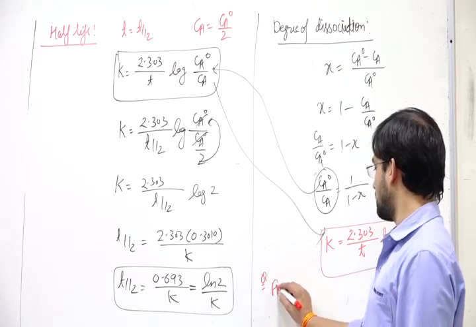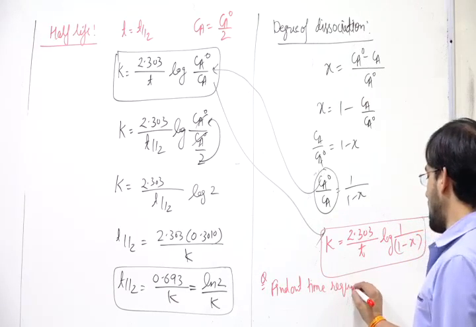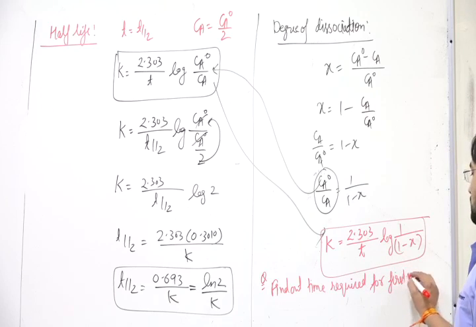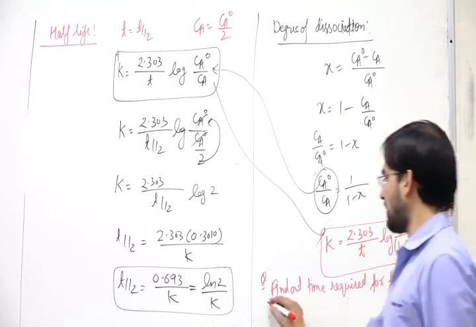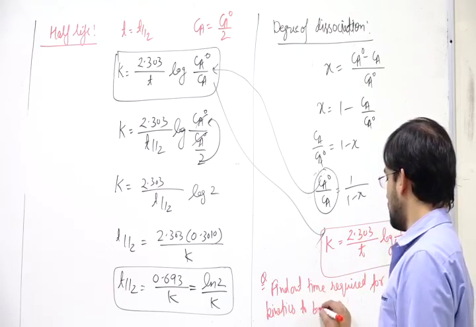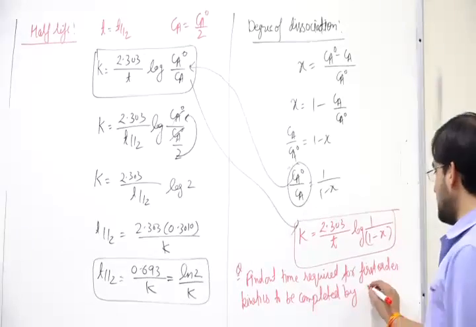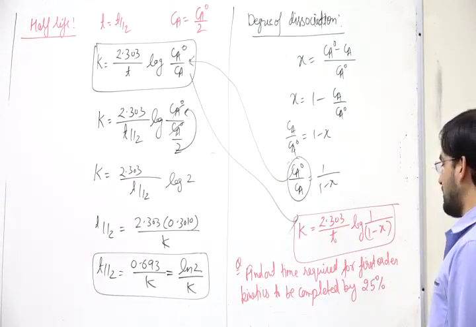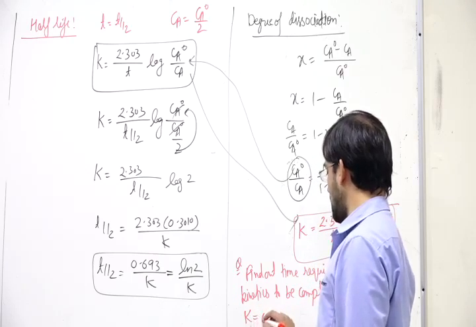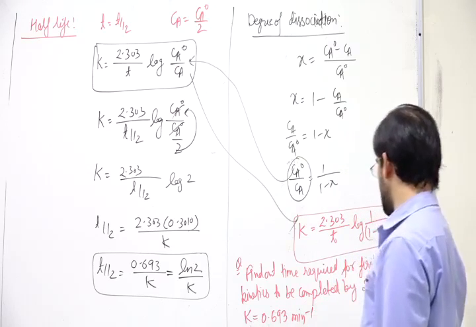Question. Find out the time required for first order kinetics to be completed by 25%, when K is 0.693 minute inverse.